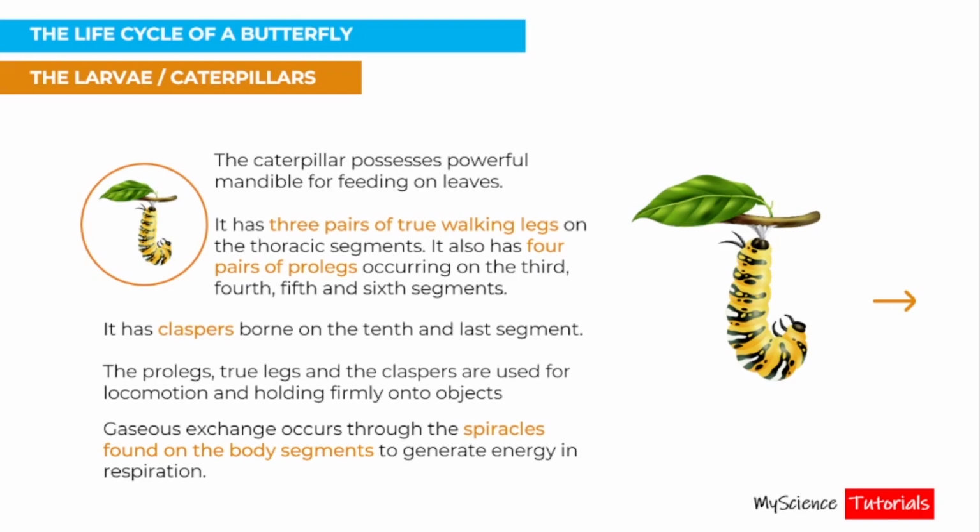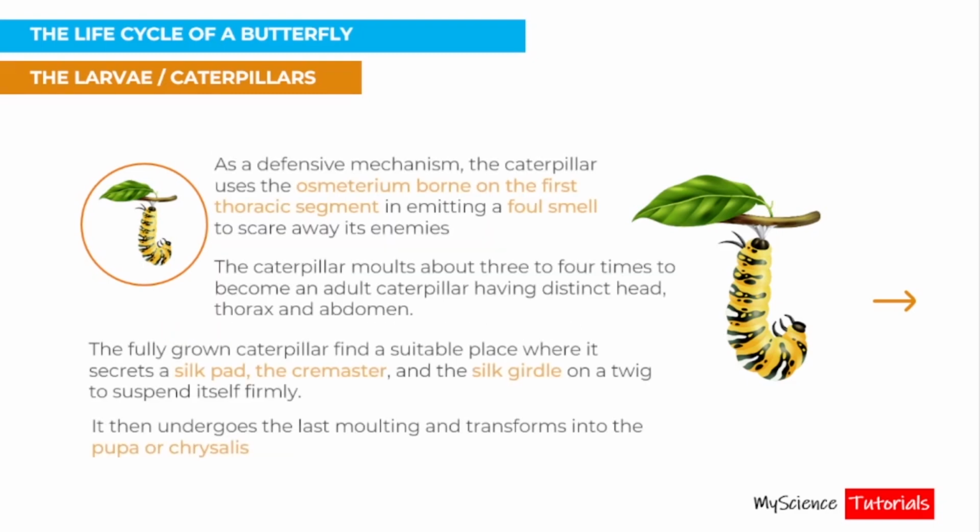Gaseous exchange in the caterpillar occurs through the spiracles found on the body segments to generate energy in respiration. Now, as a defensive mechanism, the caterpillar uses the osmeterium borne on the first thoracic segment to emit a foul smell to scare away its enemies.